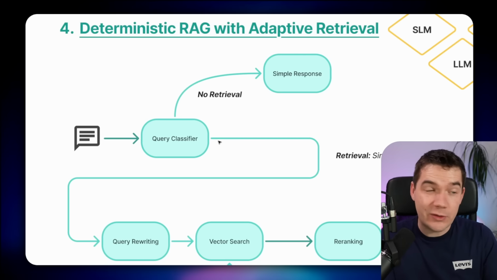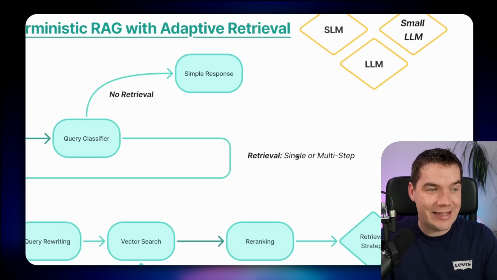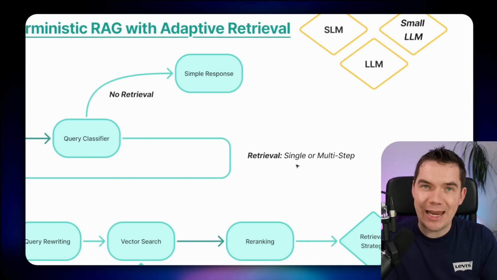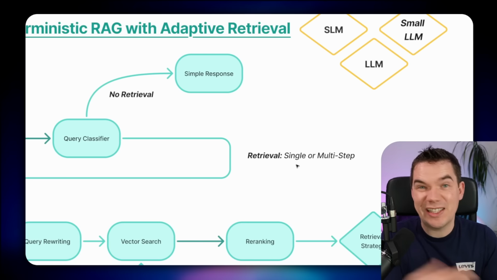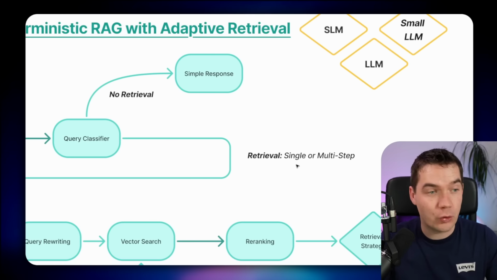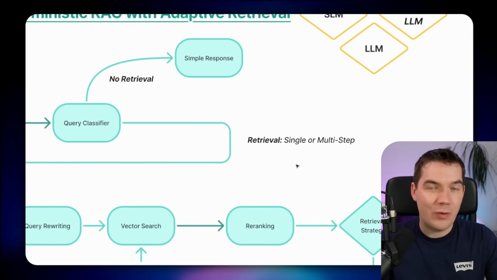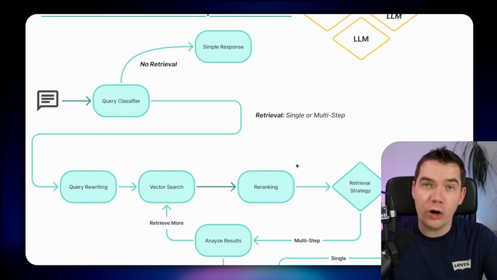Whereas if retrieval is required, it then defines it as a single step retrieval or multi-step. If it's a single stage retrieval, you just send in the single query or an expanded query and get your results and output the response. Whereas if it's a multi-stage retrieval, you end up again in a kind of a recursive pattern.